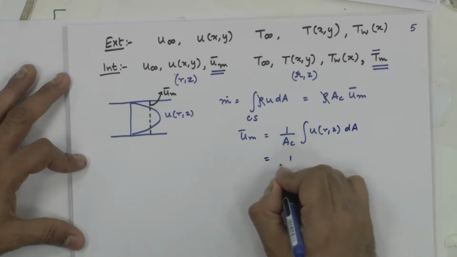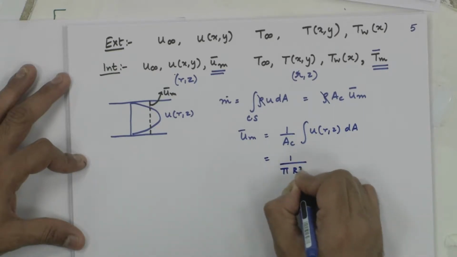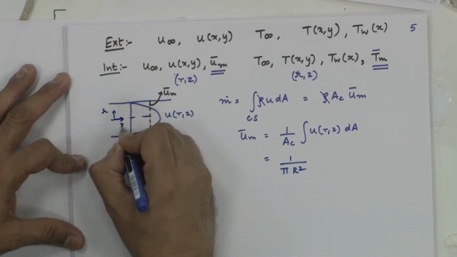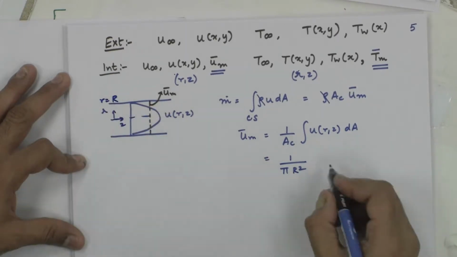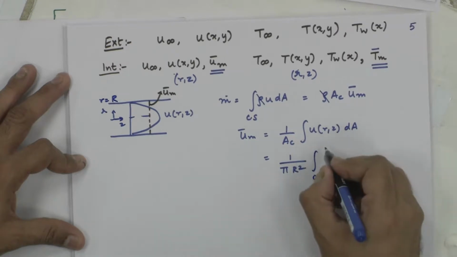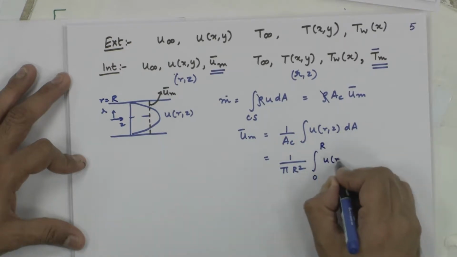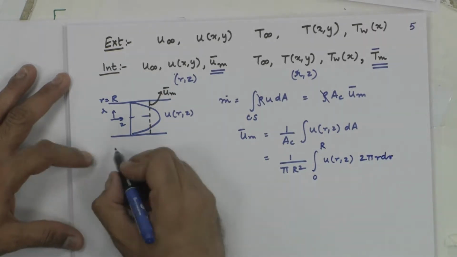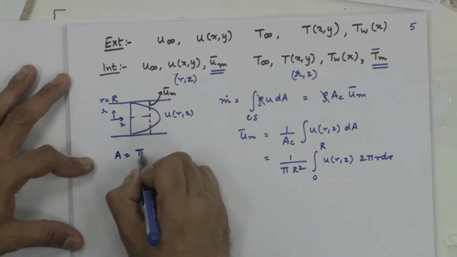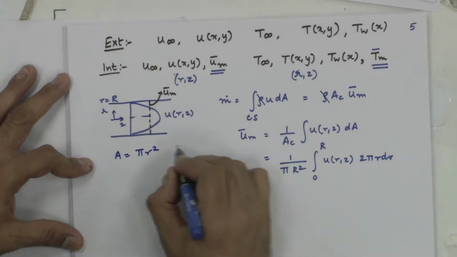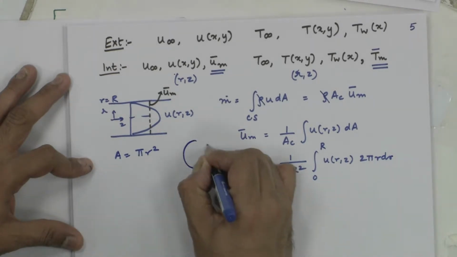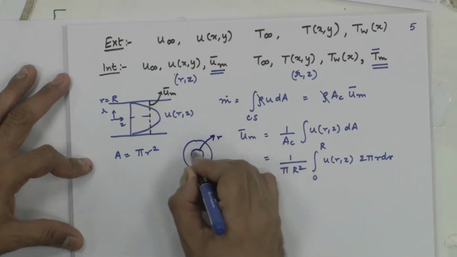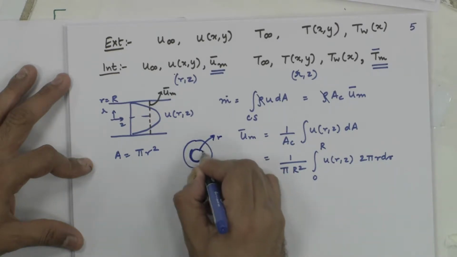This is 1 over pi r square. If this is my r, this is my z, and this is r equal to capital R, integral 0 to R u of r comma z 2 pi r dr. How do you get 2 pi r dr? Area is pi r square of a ring. You have the pipe. This is a ring at radius r of thickness delta r.